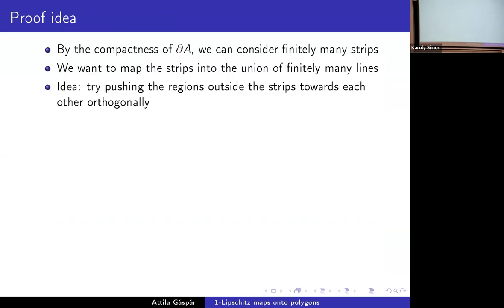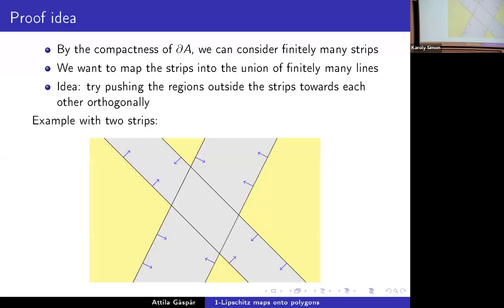So basically, we want to push the regions towards each other in the complement of the union of the strips. We have to do this orthogonally, otherwise this map won't be one-Lipschitz. Here you can see an example of what I mean. We have two strips and four regions in the complement, and we want to push them together orthogonally.